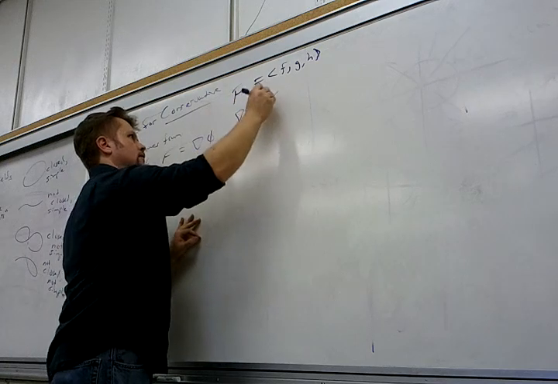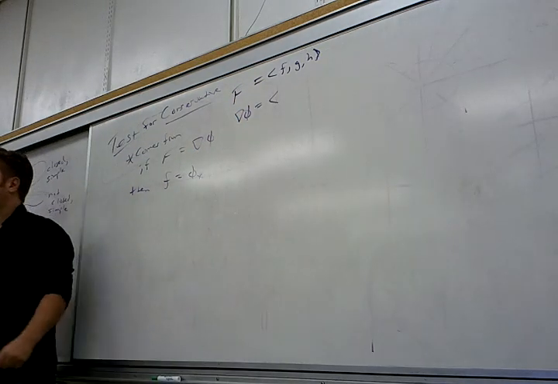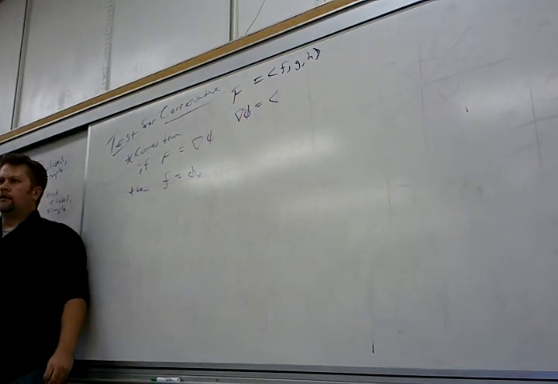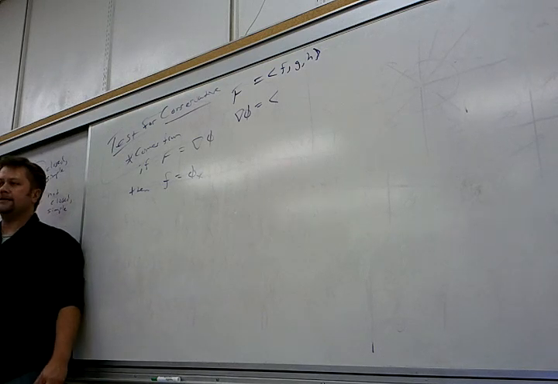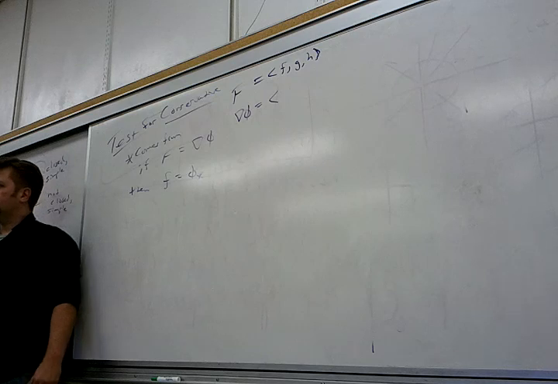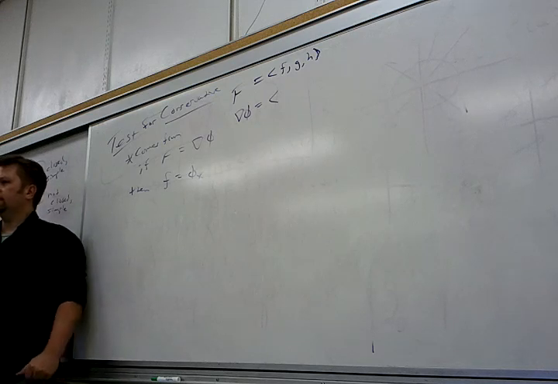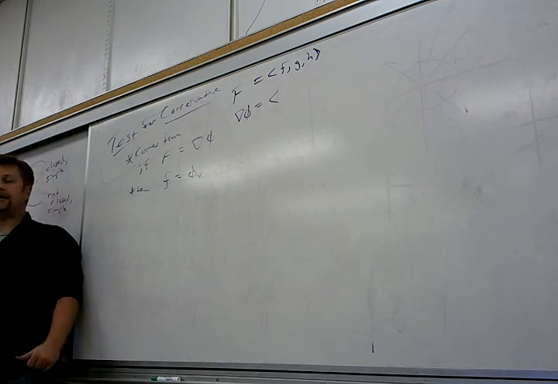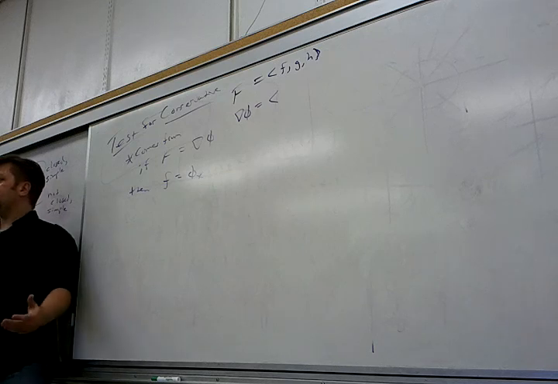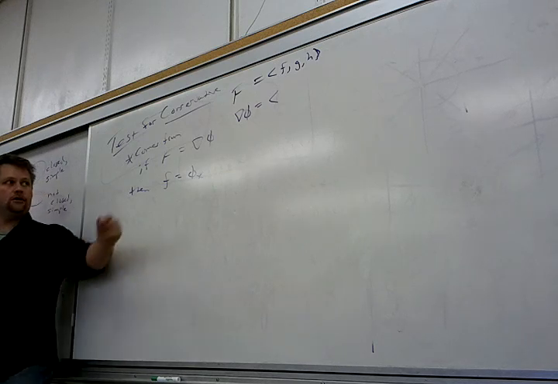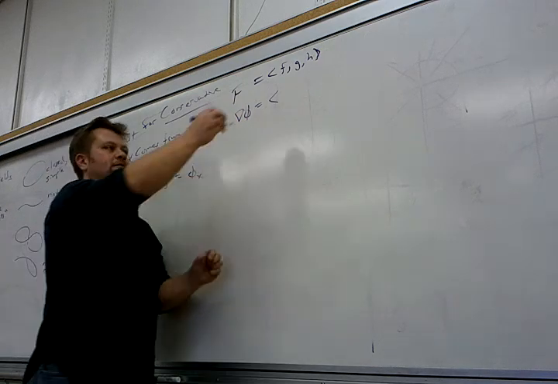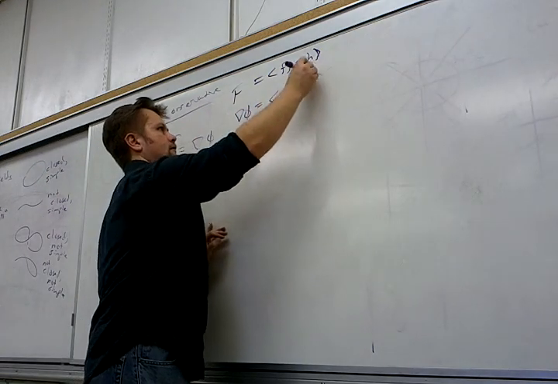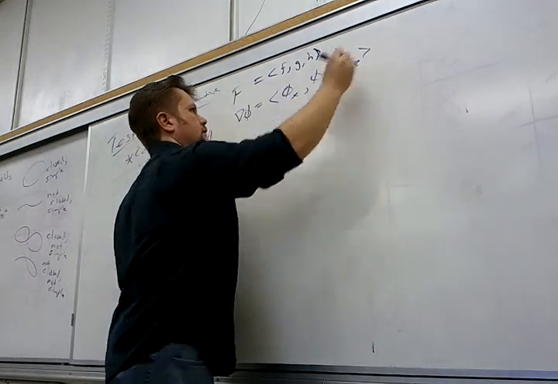Del phi, what would del phi be? It's F prime, G prime. Careful now, not really. Phi is not F, G, H. Phi is phi. When you do the gradient of something, it's phi x, phi y, phi z.